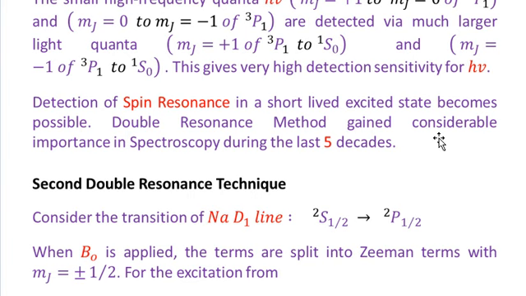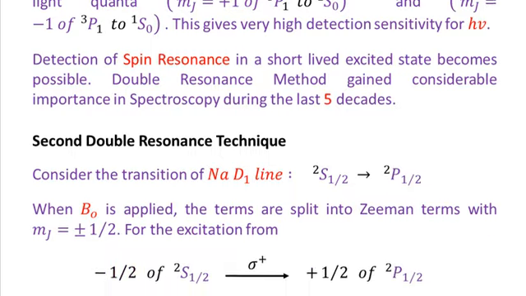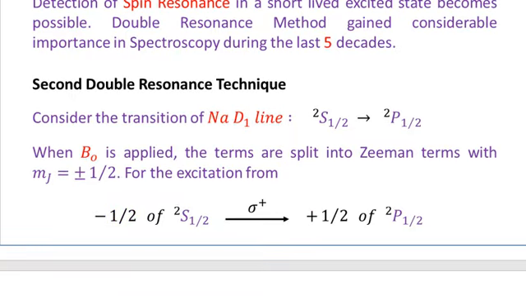Double resonance method gained considerable importance in spectroscopy during the last 5 decades. I am now also going to describe another experimental setup, which I shall be referring to as the second double resonance technique.